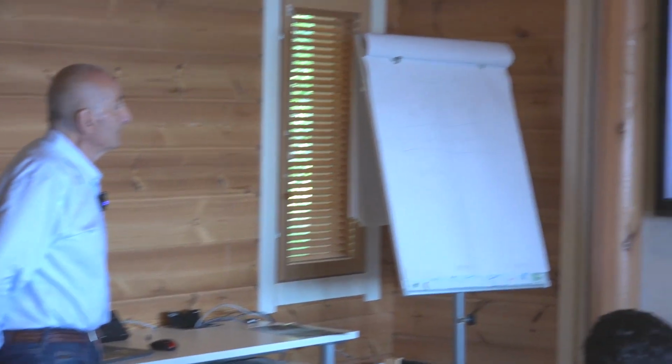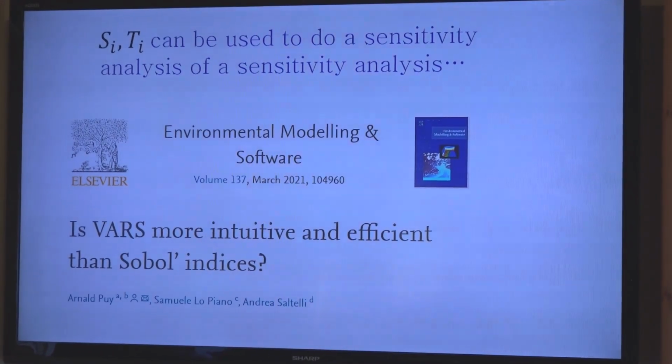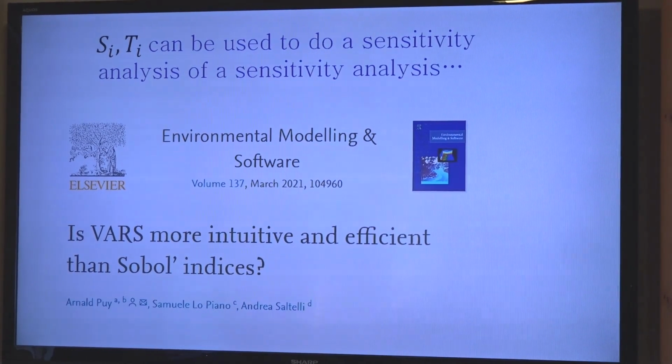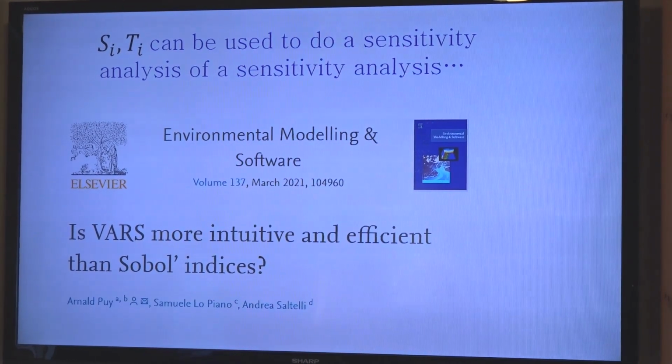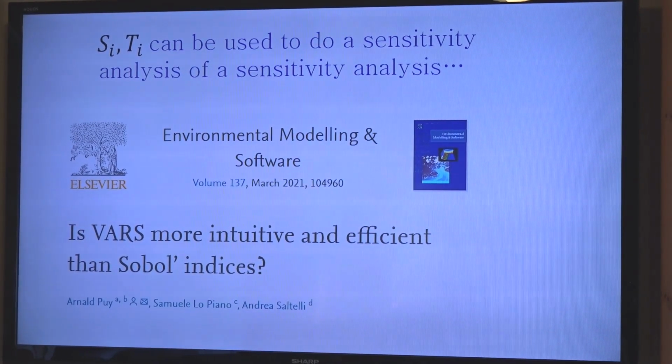And you can use these indices to do a sensitivity analysis of a sensitivity analysis. Because a sensitivity analysis may also depend upon parameters, or hyperparameters, you can do a sensitivity analysis varying those hyperparameters. And this is a way of doing a sensitivity analysis of a sensitivity analysis.